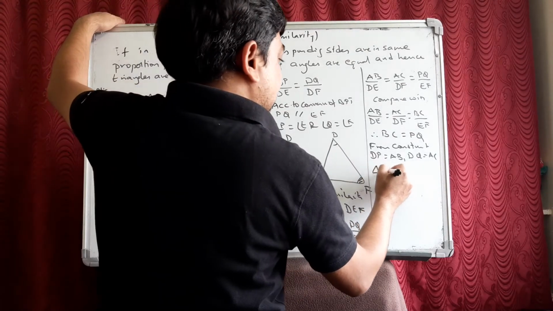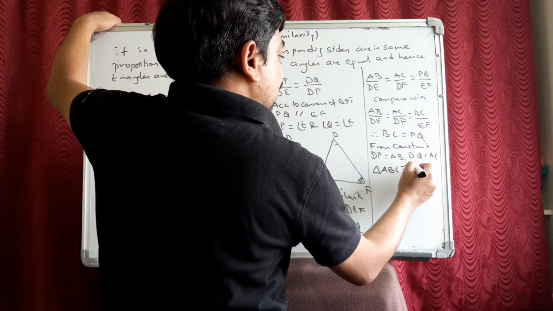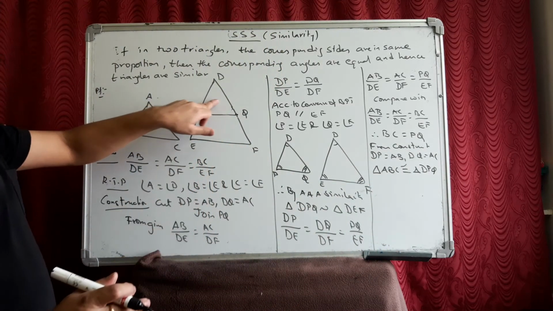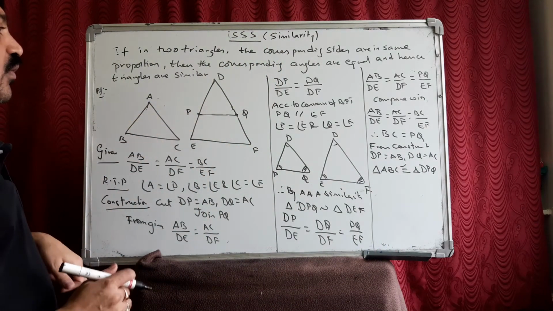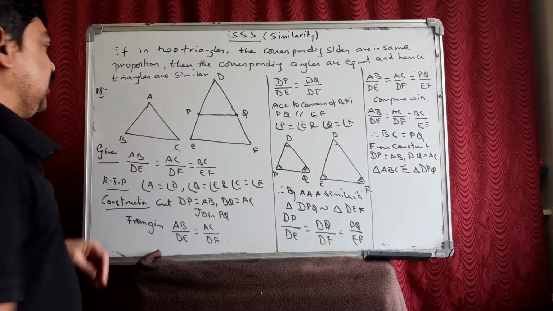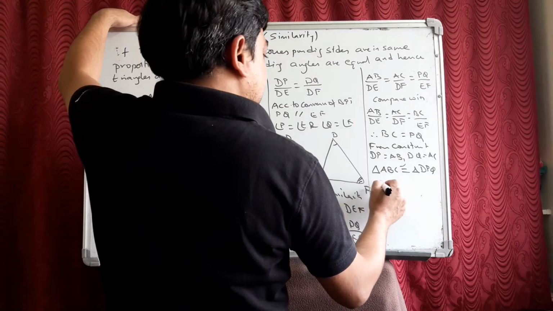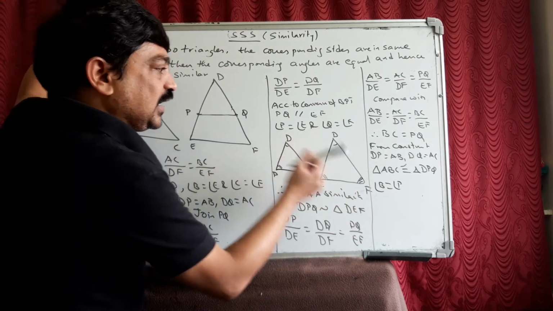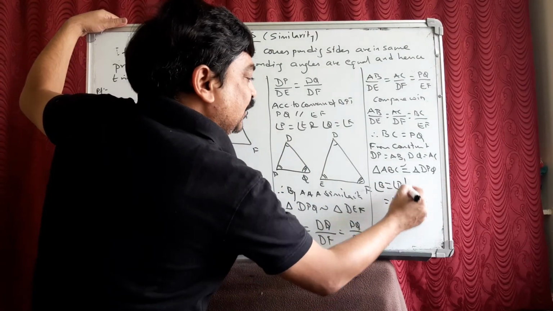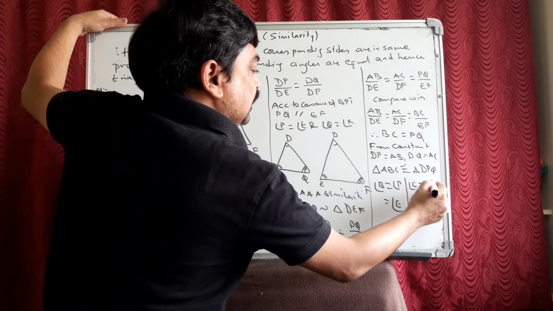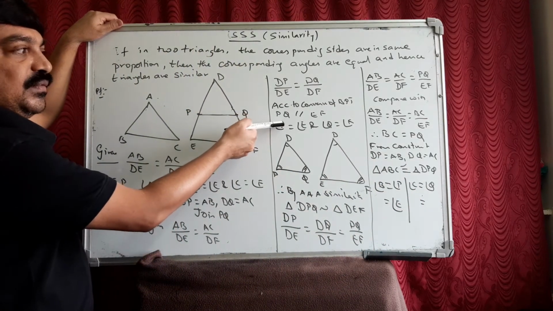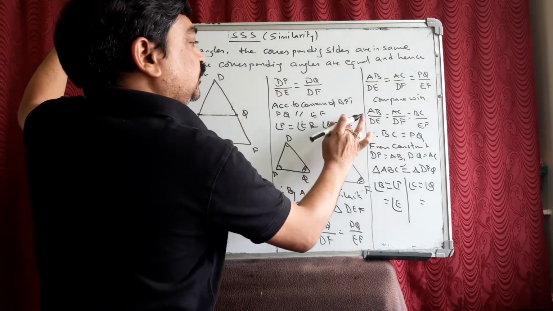Triangle ABC is congruent to triangle DPQ. When these two triangles are congruent, what can you say? The angles are equal. Therefore angle B is equal to angle P, but angle P is equal to what? Angle E. Now angle C is equal to angle Q, but angle Q is equal to what? Angle F. From here we proved this.